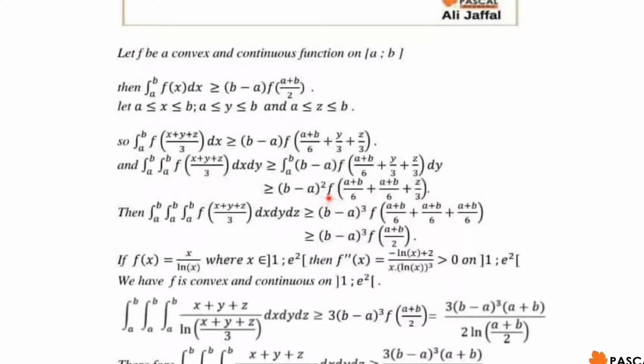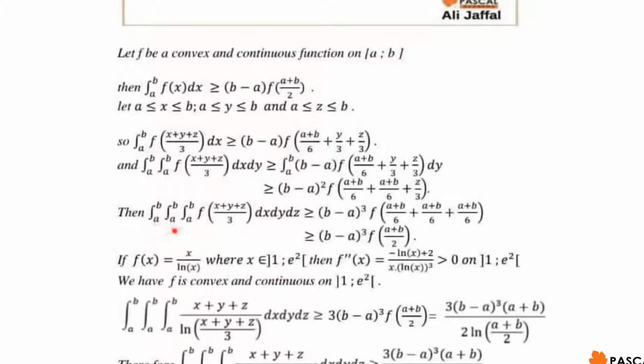Now we look at the function f((a + b)/3 + z/3). This function is also convex, therefore the integral of this function with respect to z is going to be greater than or equal to (b − a) f((a + b)/3 + (a + b)/6).